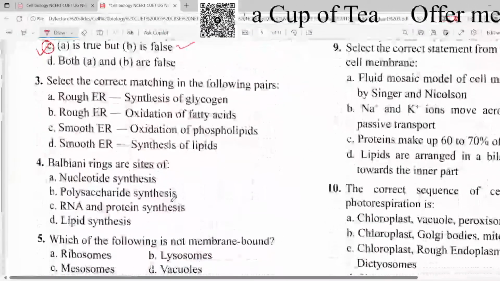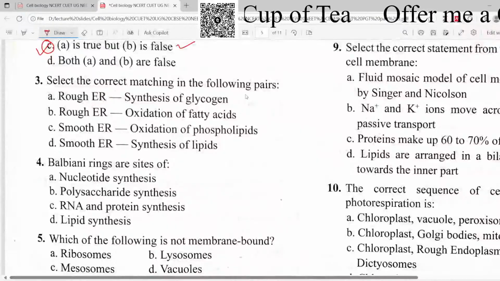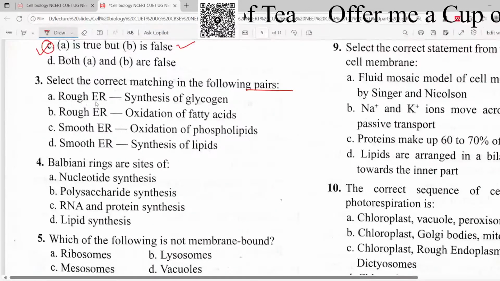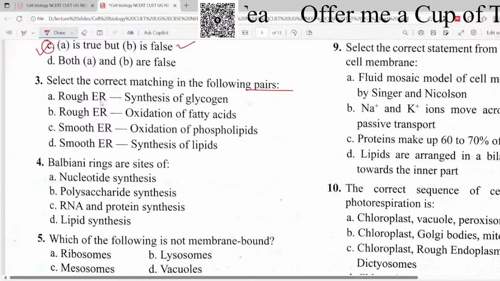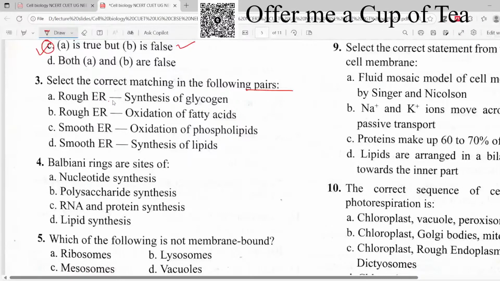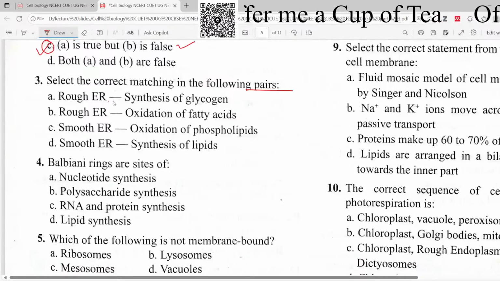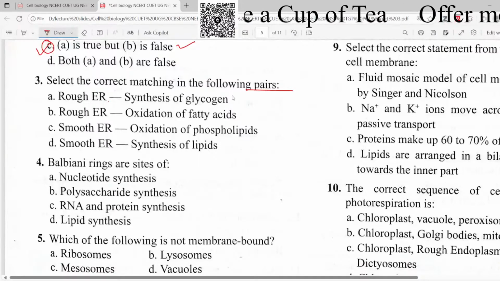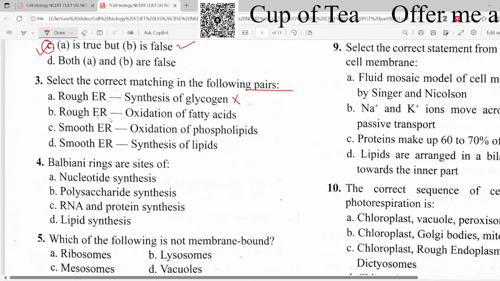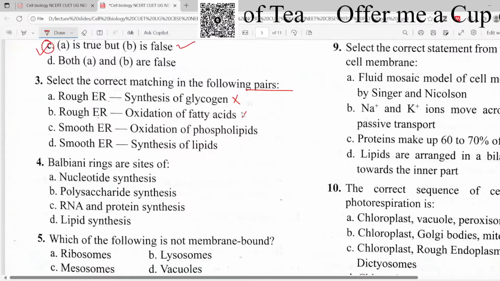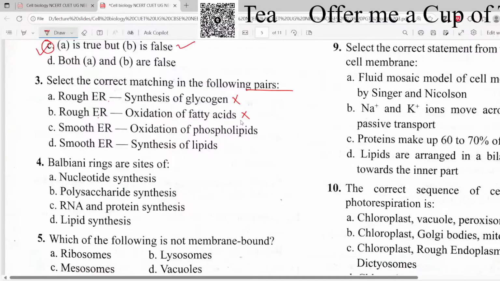The next question: select the correct matching in the following. Rough endoplasmic reticulum, oxidation of fatty acid, it's not correct.